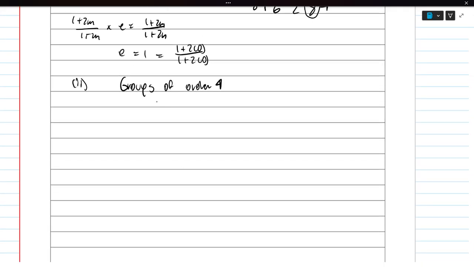They're, up to isomorphism, either cyclic, C4, or every element is its own inverse, and that's known as the Klein 4 group, which I think is V, the letter.